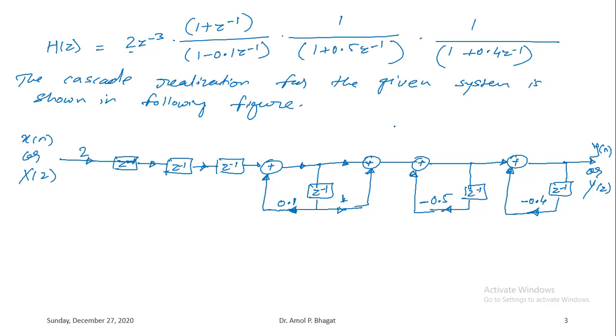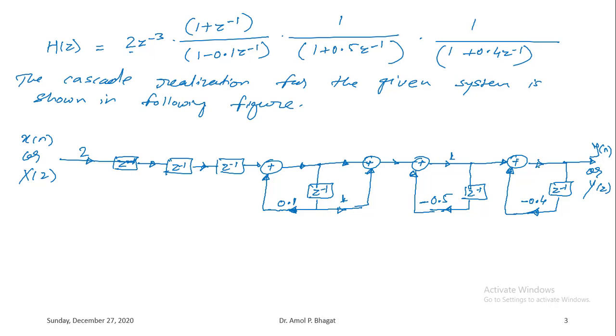Similarly, this next term is indicated by using this feedback loop here, which is nothing but your 1 value, which is fed back into this loop, that is plus 0.5 z inverse is there, right?